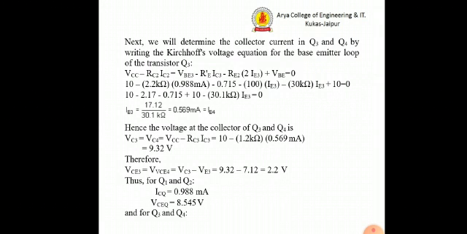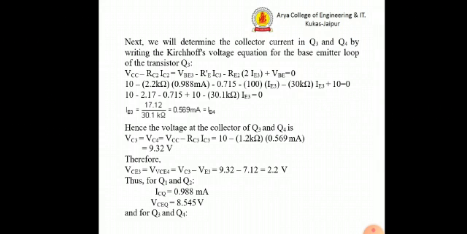Next, we determine the collector current in Q3 and Q4. By applying the KVLs, we find out the value of IE3 and VC3, and therefore we are able to find VCE3, which is given as 2.2 volt.